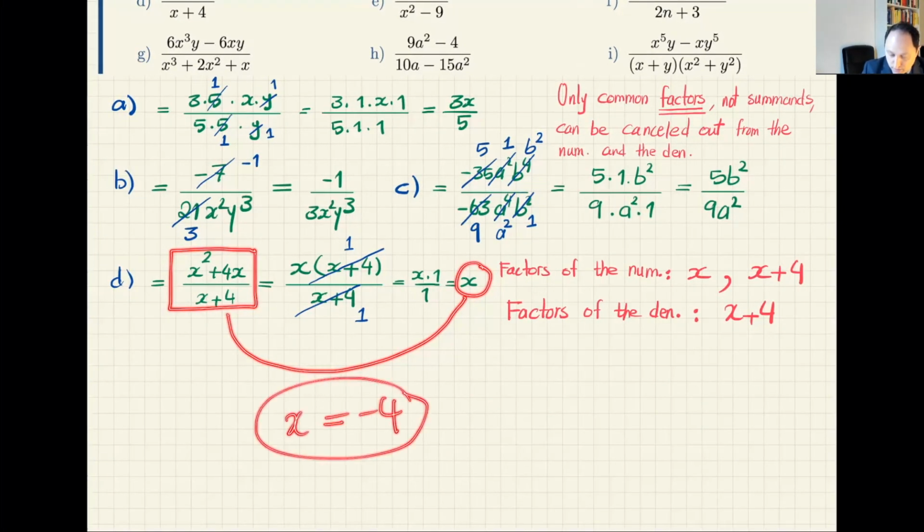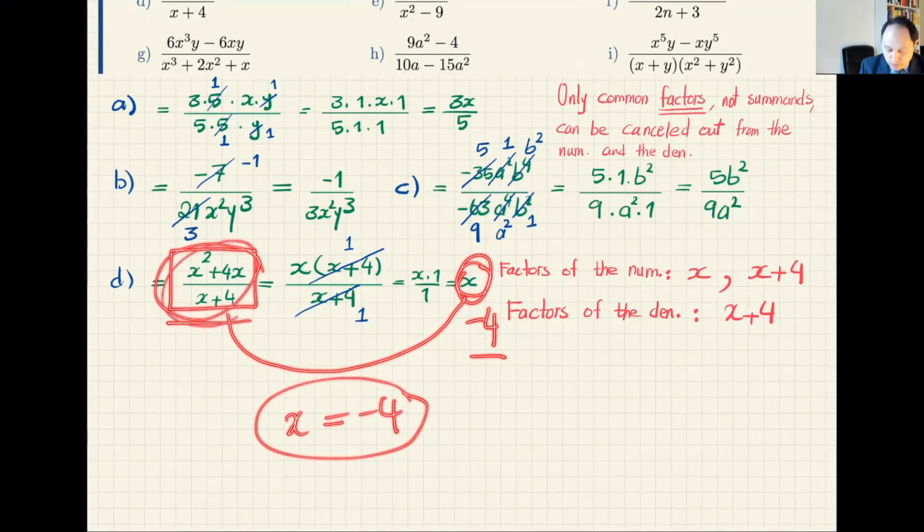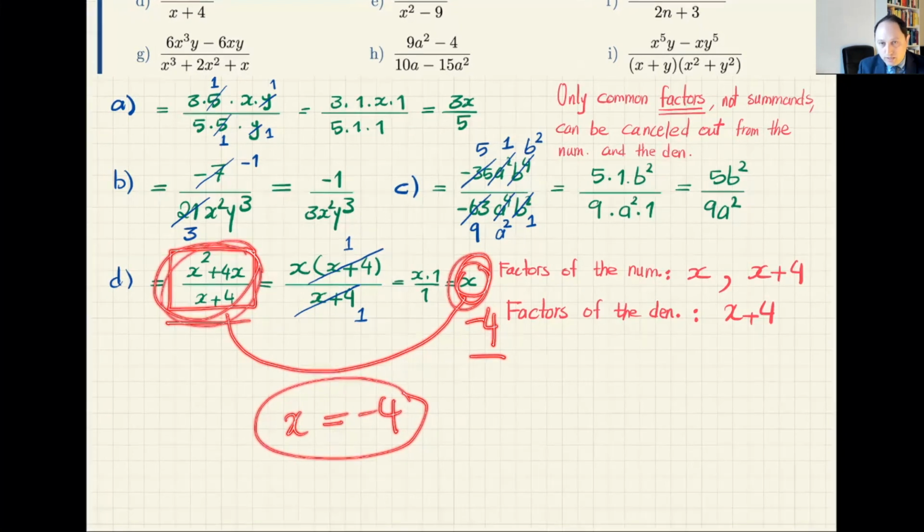When x equals minus 4, the right-hand side becomes minus 4, but the left-hand side doesn't make sense at all. So I cannot say that minus 4 is equal to nonsense. So you remember that when we simplify, implicitly we are assuming that both of them are well-defined. In that case, they are equal.